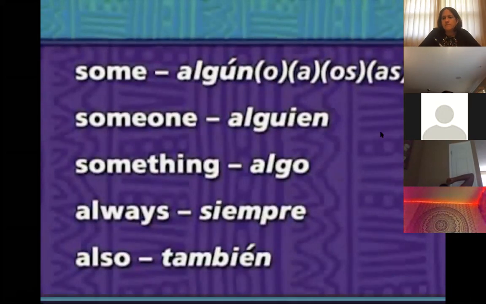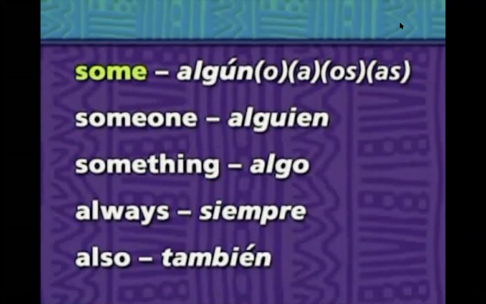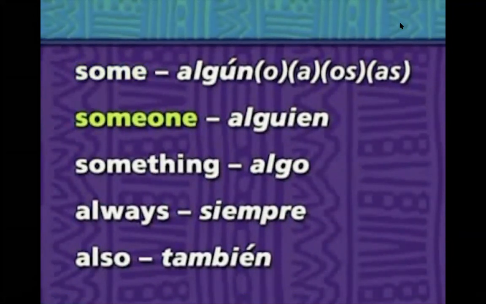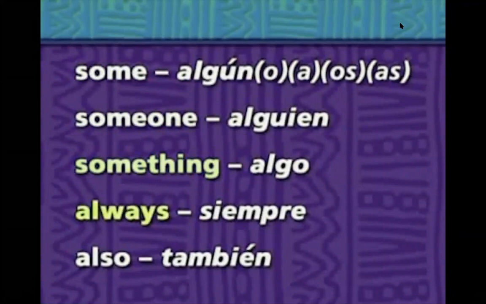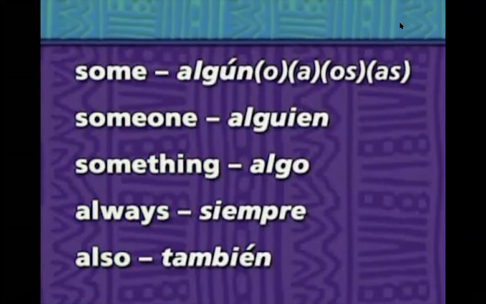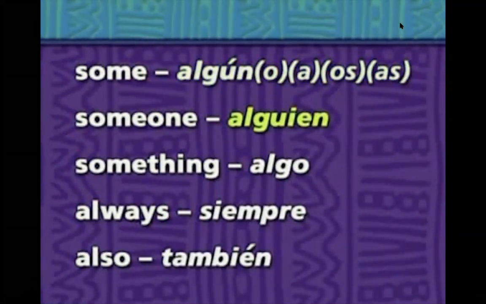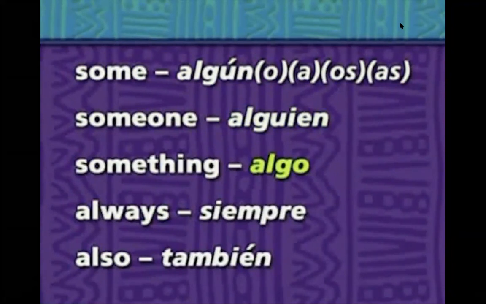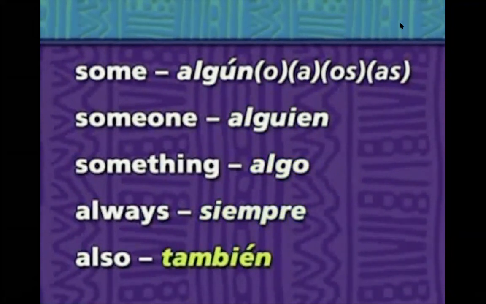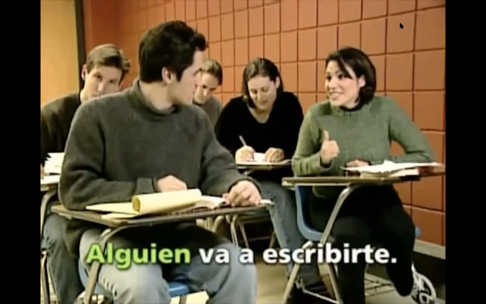Every day we use affirmative and negative words. Examples of affirmative words in English are some, someone, something, always, and also. The Spanish equivalents are algún, alguien, algo, siempre, también. Alguien va a escribirte.